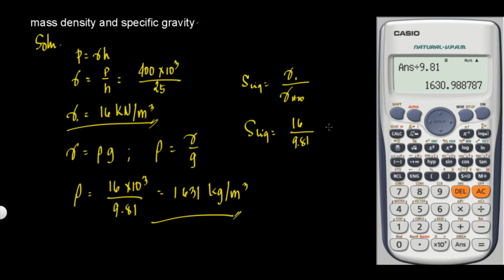This is the specific weight of H2O. So, the specific gravity of the liquid is equal to 16 divided by 9.81, and we have 1.63. Okay? So, ganun lang siya i-solve.